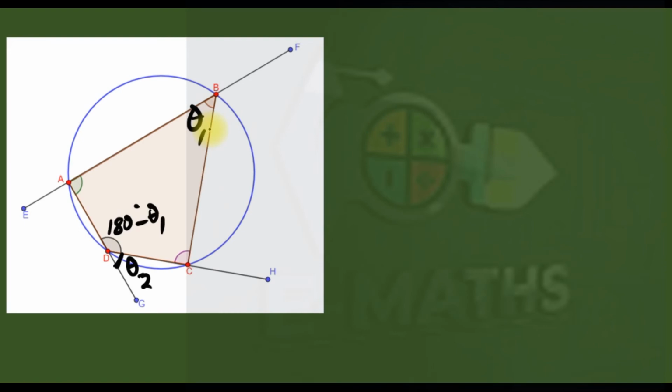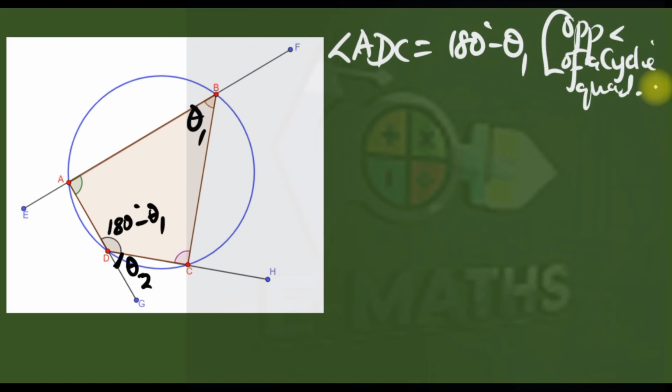So what I'm saying is that angle ADC is 180 minus theta 1 because opposite angles of a cyclic quadrilateral are always supplementary. Therefore, if you sum this, this is a straight line.